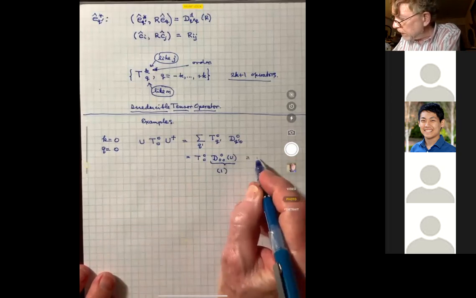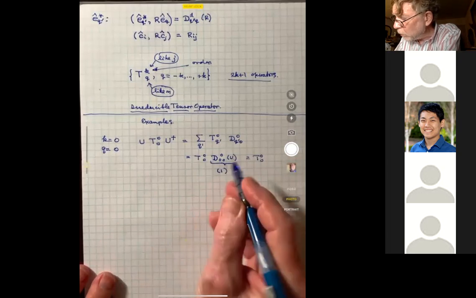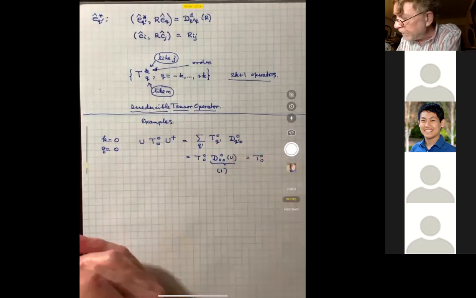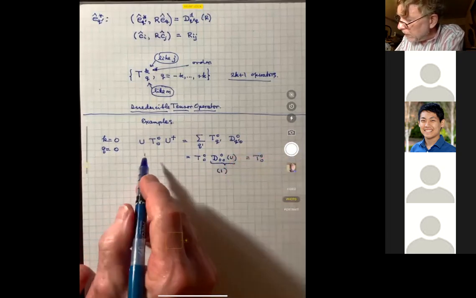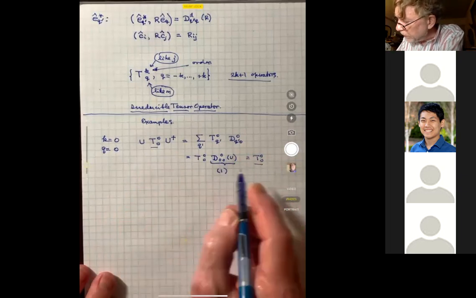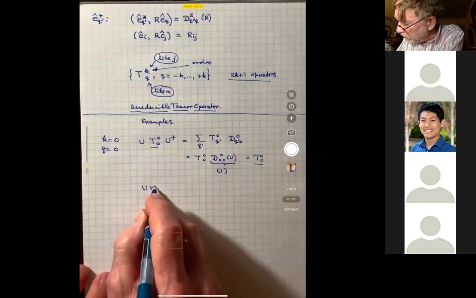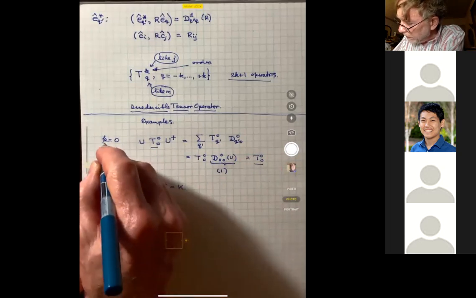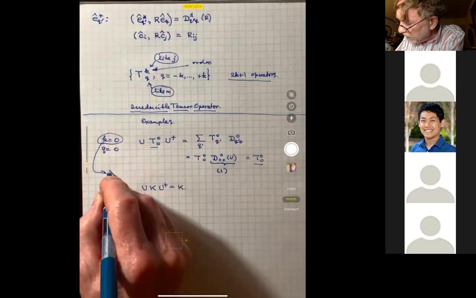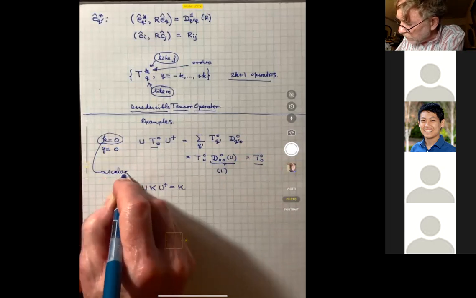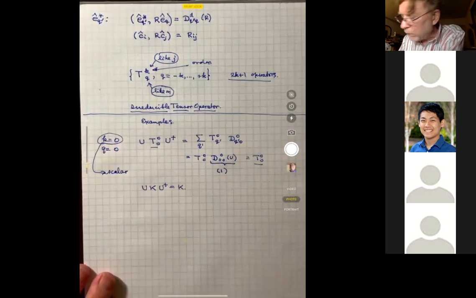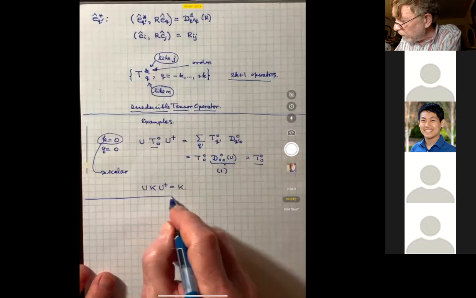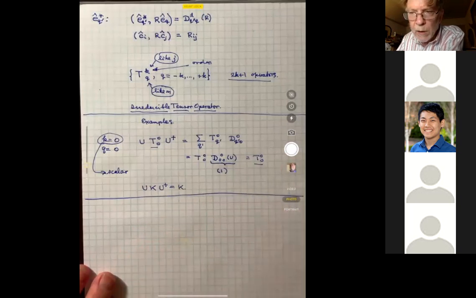So the D matrix has to be just the 1-by-1 matrix containing 1, and this just becomes T_0,0. So what you see is that this T_0,0 operator is invariant under rotations, and that means it's a scalar operator, which we previously called K, like this. So K equals 0 means a scalar operator. Scalar operators are irreducible tensor operators of order 0. And this applies, I'll remind you, in particular to the Hamiltonians for any isolated system.